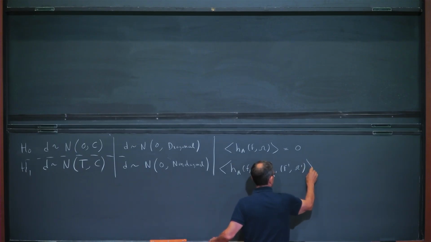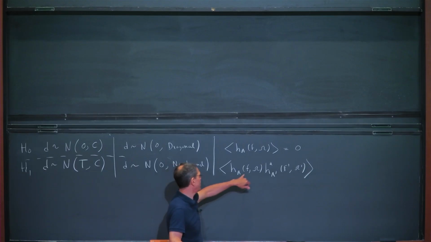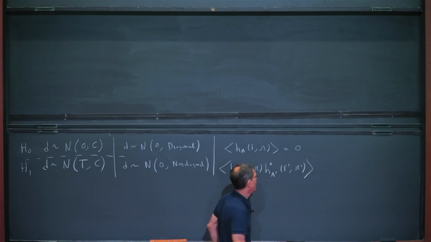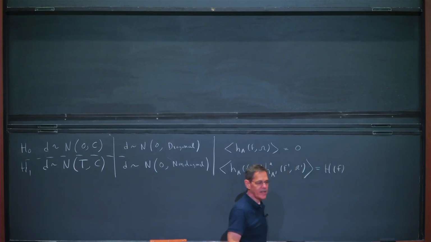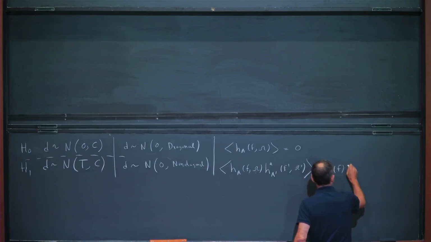So this is now the covariance between the amplitude at frequency f and direction omega and f prime at omega prime. So there's going to be a spectral function h of f. Teja, this is two-sided. That's why I don't have a factor of a half. And there's going to be a delta function of f minus f prime.